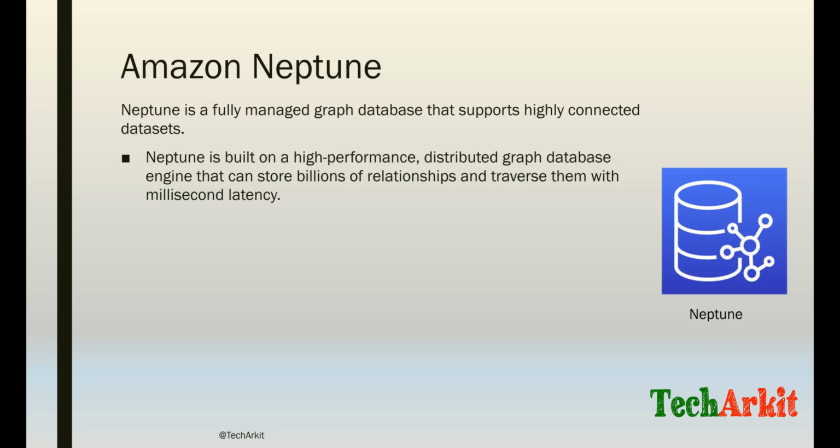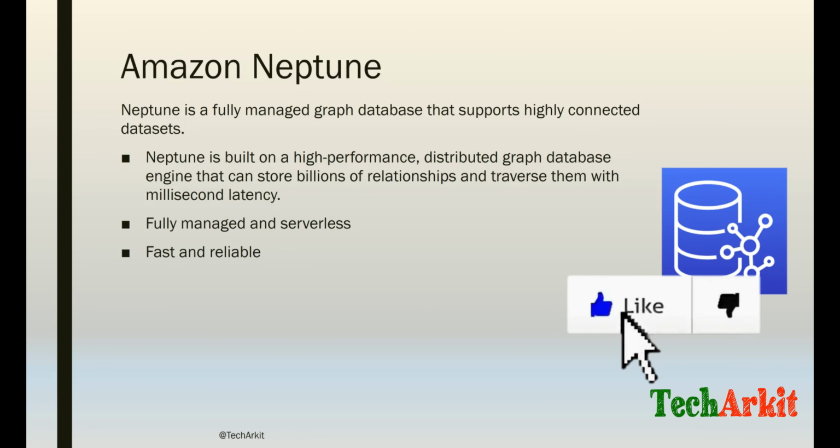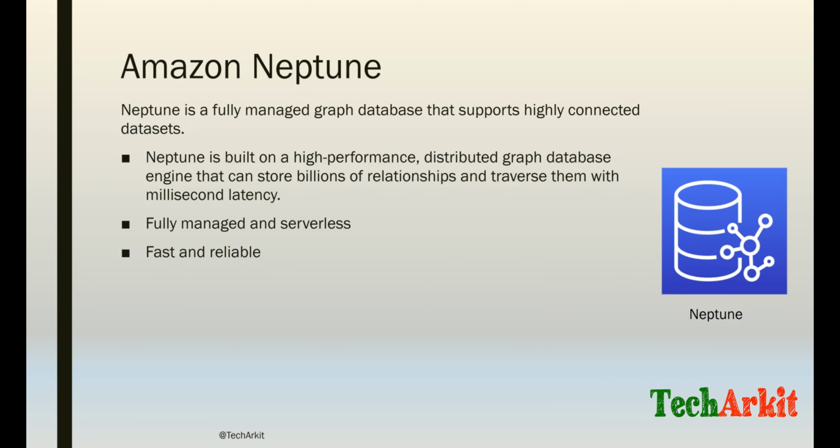That's amazing. You can build billions of relationships into that graph. It's a fully managed, serverless, fast and reliable service. So that's the major thing about the database services on Amazon.